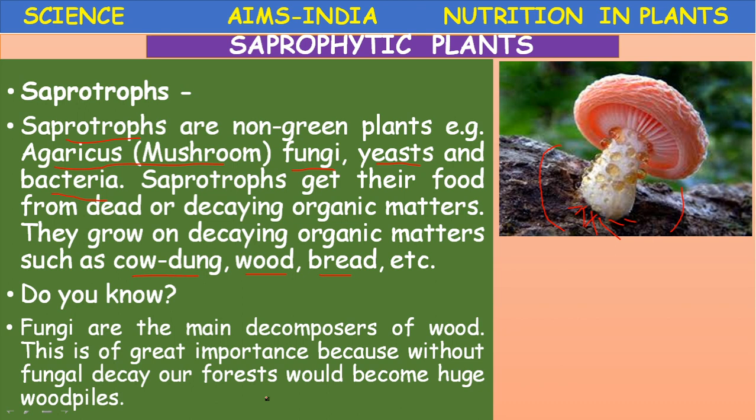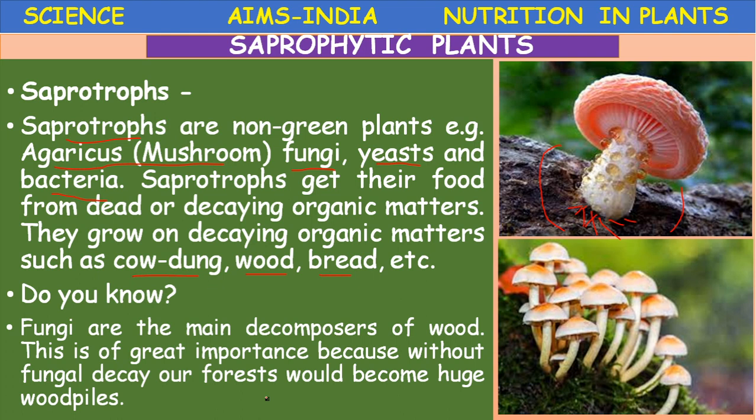Or the leaves and the parts of the plant which fell down are decomposed, and very rich organic matter, which is called humus, is formed by the action of bacteria and fungi present in the soil. Okay, so here this is also a mushroom which is growing on the wood.